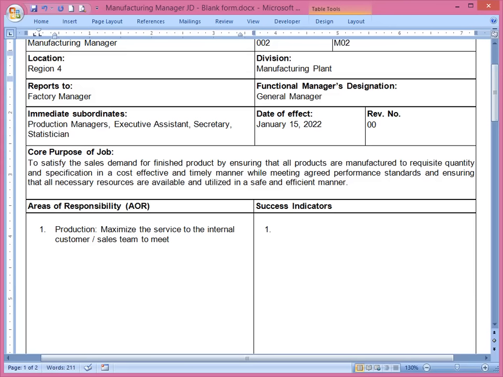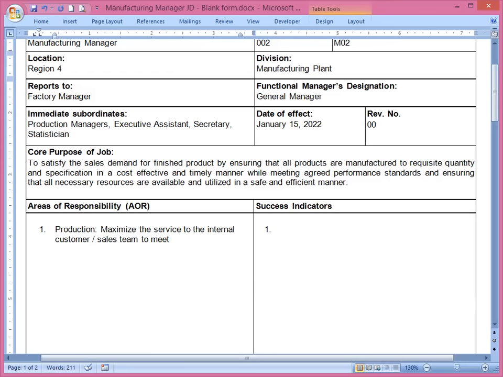If they request 100 metric tons this week, I give them 100 metric tons. That's what you call OTIF. Our agreement is that manufacturing will supply all these finished products, 100%. If manufacturing is only able to supply 90%, then you lack the 10%.